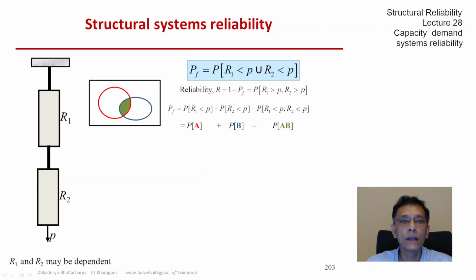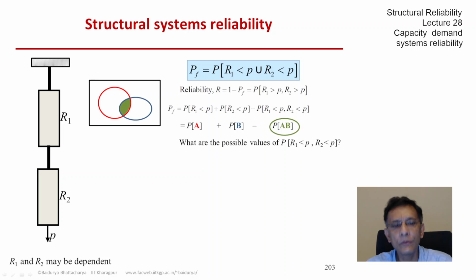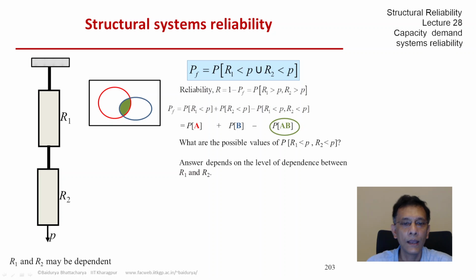So what can we say about that, or how does that intersection affect the probability of system failure? So that is something we are going to probe a little. So what are the possible values of P of R1 less than P and R2 less than P, that intersection? The answer depends on the level of dependence between the two random variables, R1 and R2.